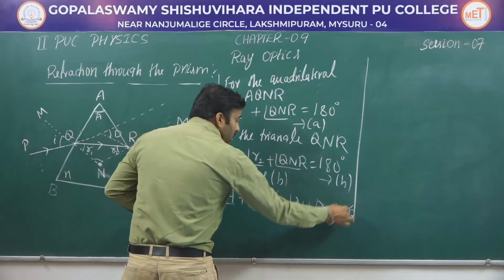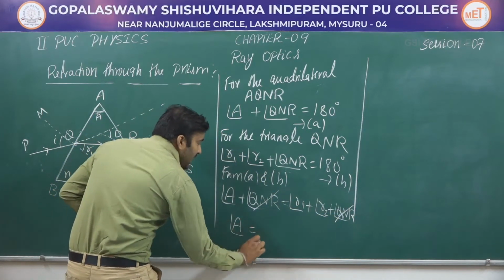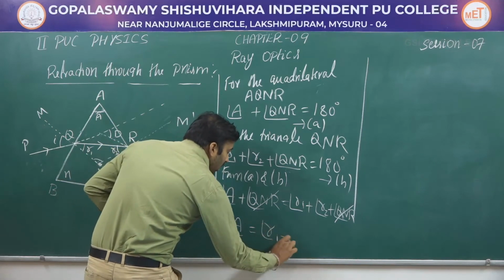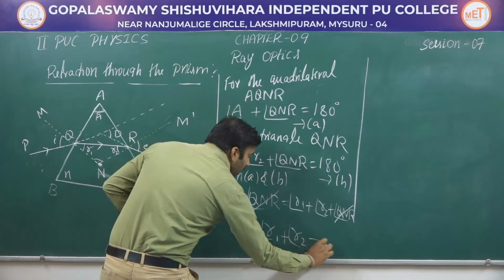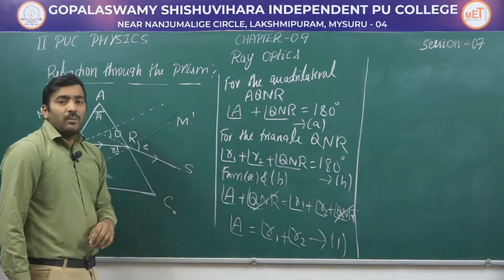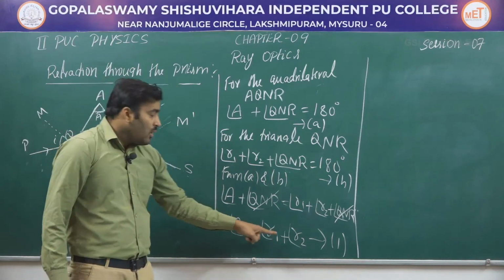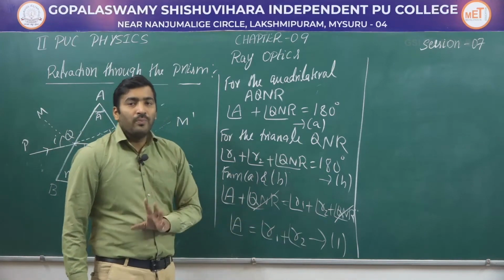So, angle QNR and angle QNR get cancelled. What we get finally is angle A is equal to angle R1 plus angle R2. This is a very important relation. So, we got expression number 1. Expression number 1 says the angle of the prism is equal to R1 plus R2.